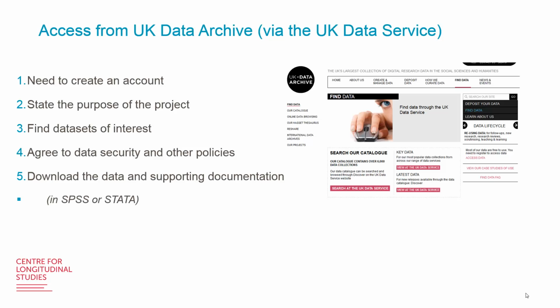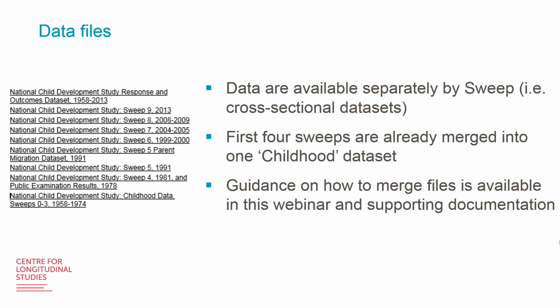So to recap, to access data from the UK Data Archive, you need to create an account, state the purpose of the project, find your data sets of interest, agree to the data security and other policies, and then download the data and supporting documentation in either SPSS or Stata, or there are other formats like comma-separated values.